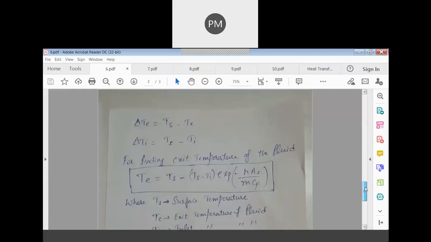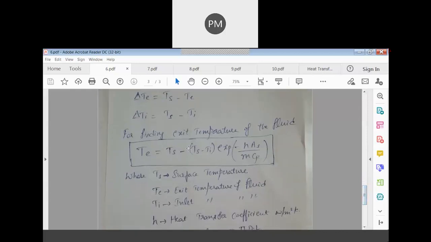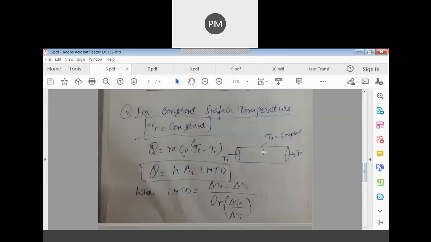And also we have derived a formula for the temperature of the fluid at the exit of the pipe, Te. This formula is Te is equal to Ts minus (Ts minus Ti) exponential of minus h As by m Cp, where Ts is the surface temperature of the tube.